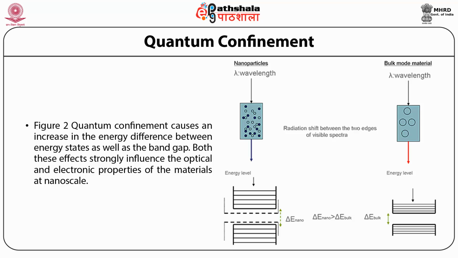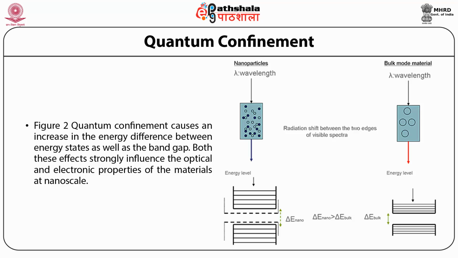The electronic as well as optical properties of such small materials considerably differ from the properties of bulk materials. If the dimensions of the confining structure are very large in comparison to the de Broglie wavelength of the particle, it behaves like a free particle.